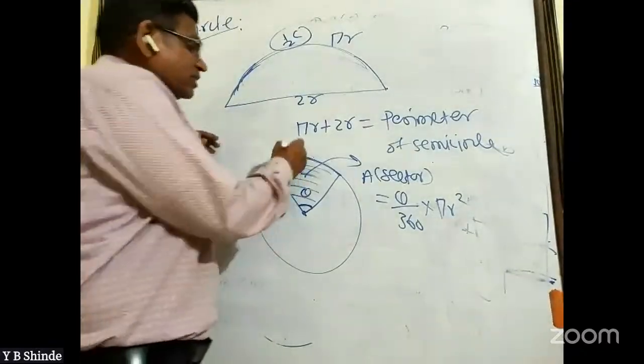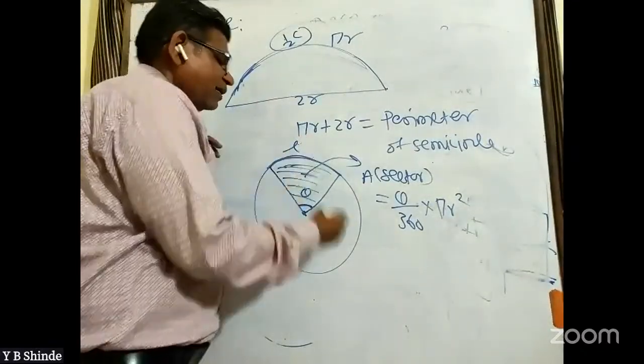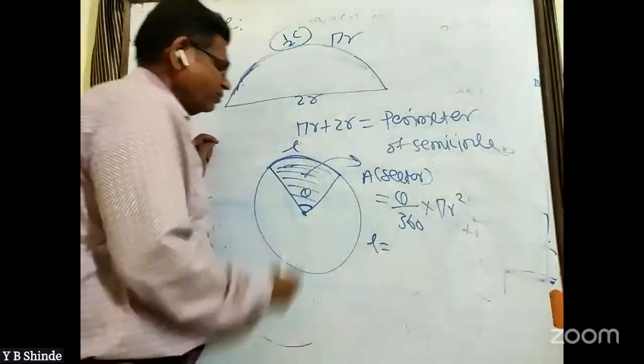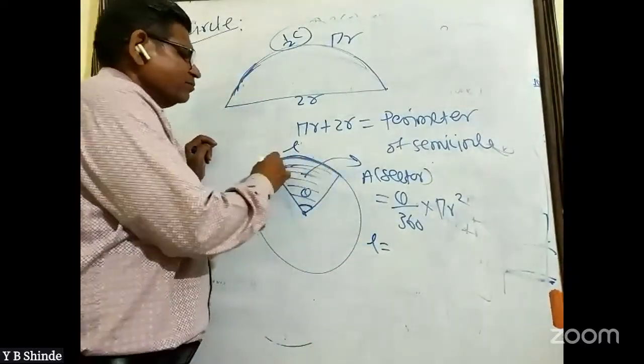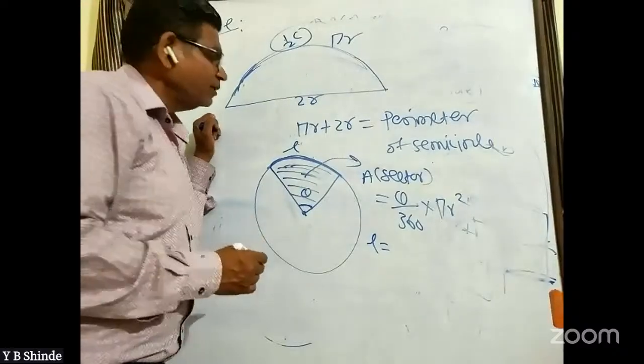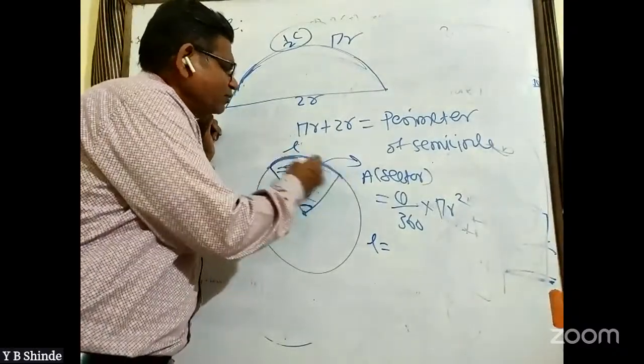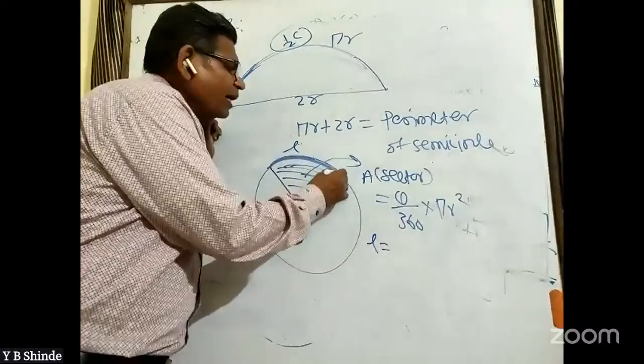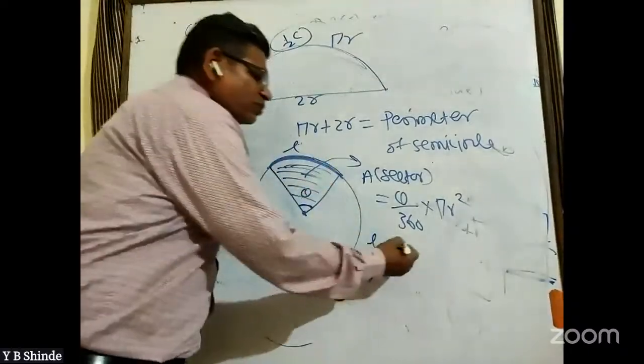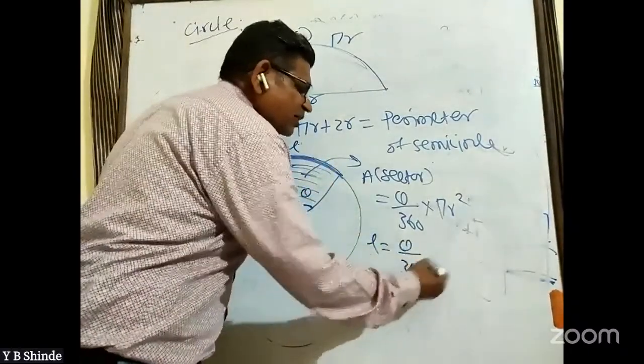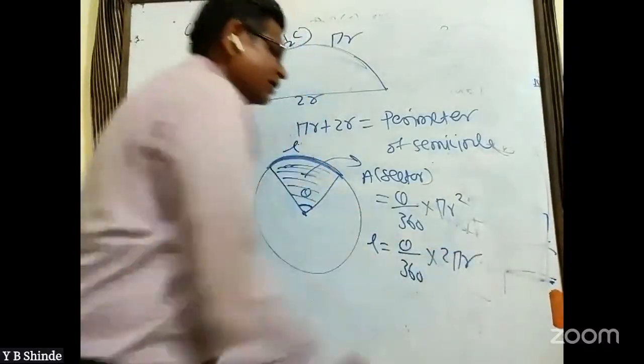Now, this is called the length of the arc, L. What is the length of the arc? Do you know the formula regarding the length of arc? Here, length of arc is a part of circumference. So theta upon 360 into circumference 2 pi r.